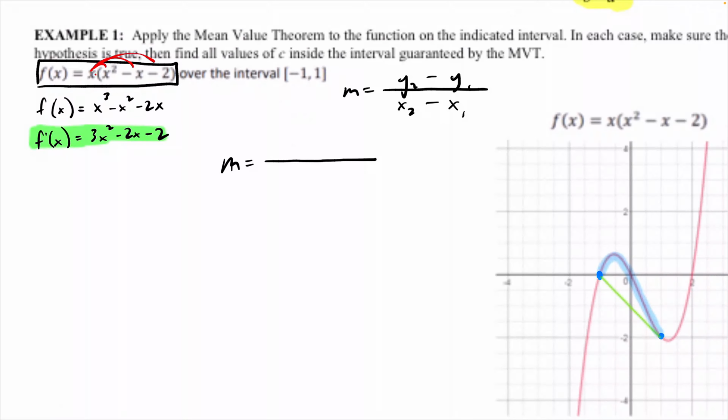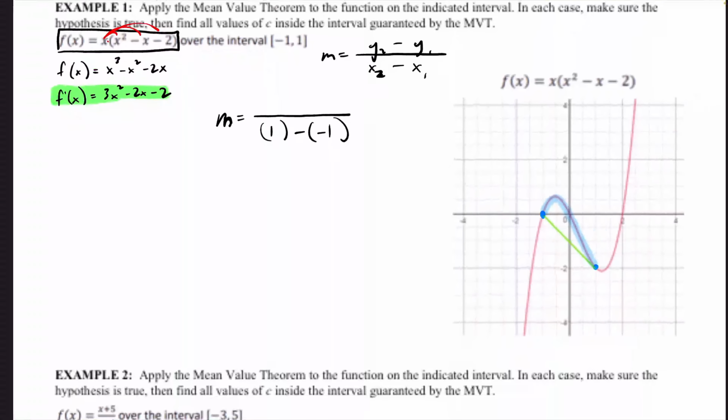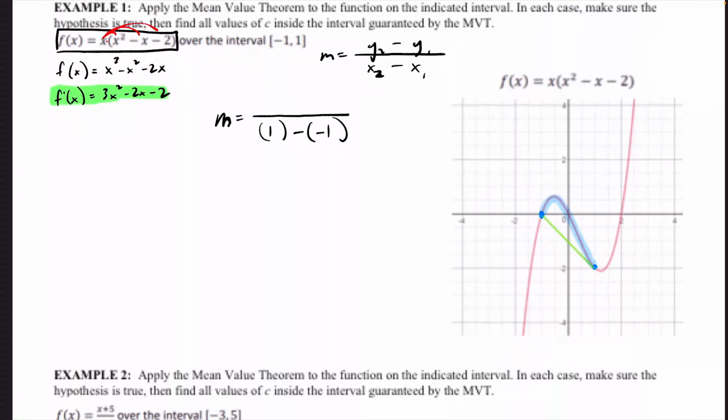Well, I already know my x's, -1 and +1. x1 is -1, x2 is +1. They told me. So how do I find the y values at those points? Can we plug in the x values to the base function?